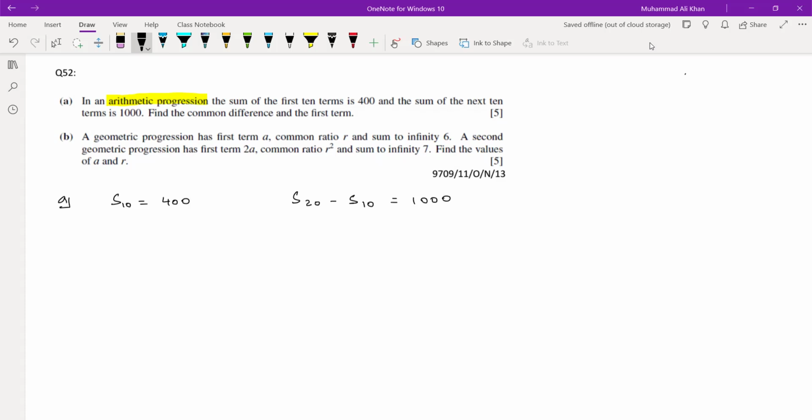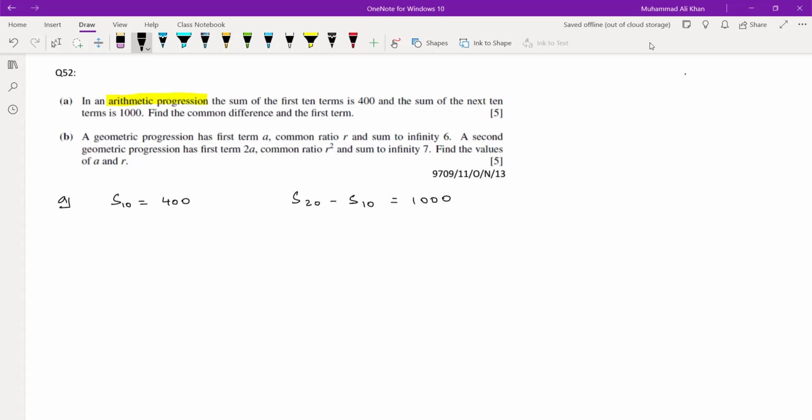Next 10 terms क्या होंगी? यही होंगी ना. पहली 10 टर्म का सम क्या दिया गया? 400. और नेक्स्ट 10 टर्म्स का सम अगर मैं S20 तक कैलकुलेट कर लूं, माइनस कर दूं इसमें से S10, तो क्या आ जाएगा? 1000. Are you clear about this?